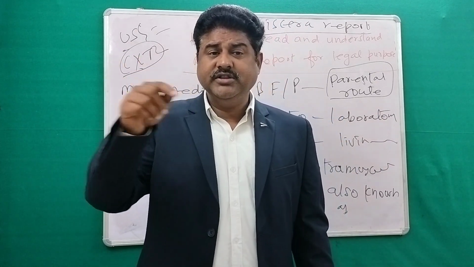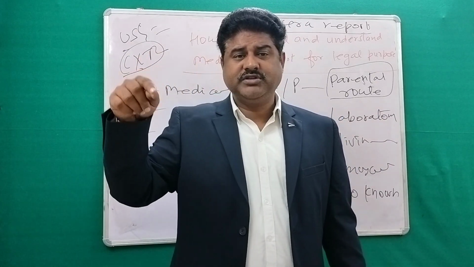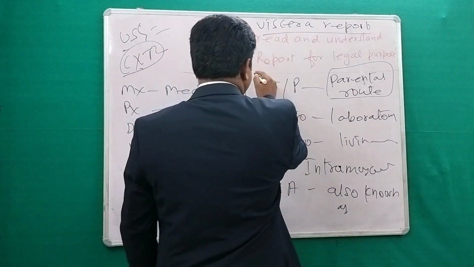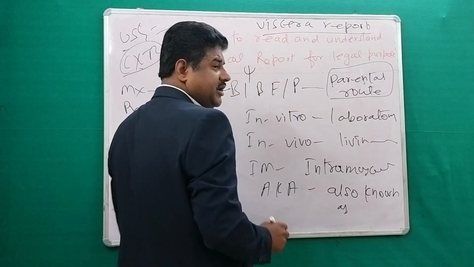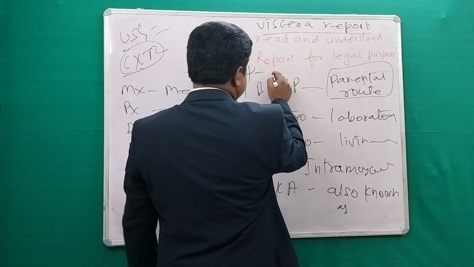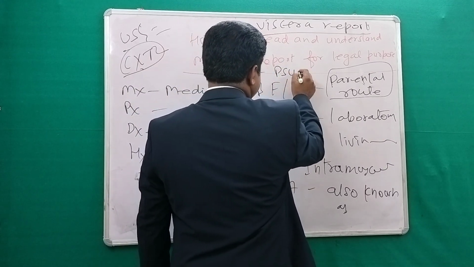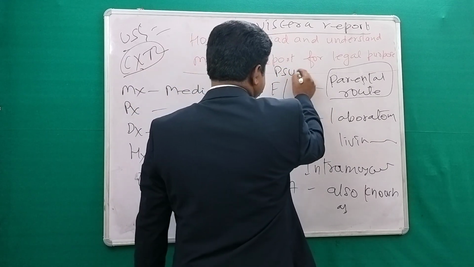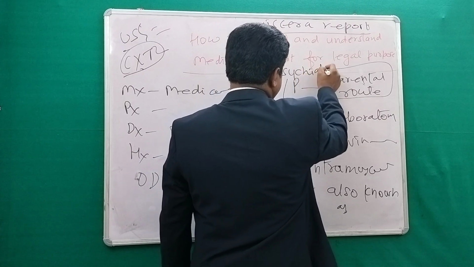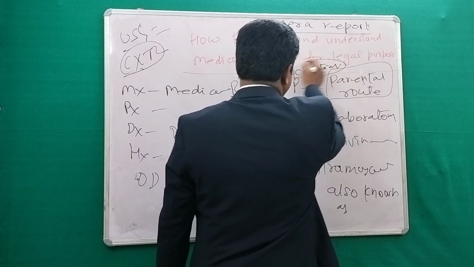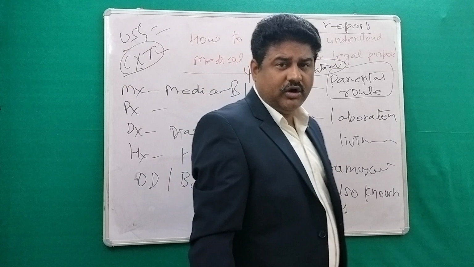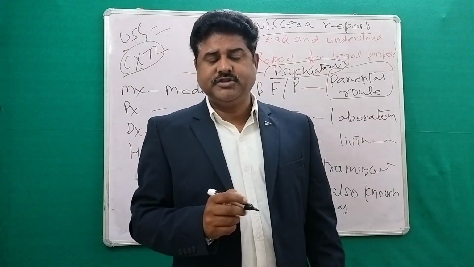So they are writing in abbreviations. For example, they are not going to say psychologist, they are merely giving you the symbol, and you have to understand that this is psychologist, or psychiatrist. And guys, there is a very major difference between the psychiatrist and the psychologist.